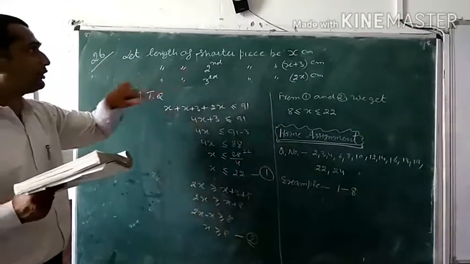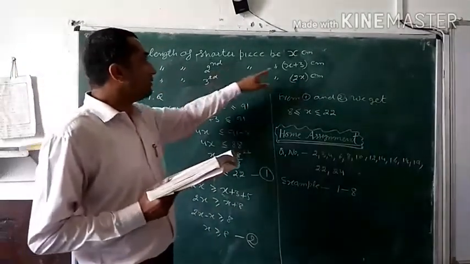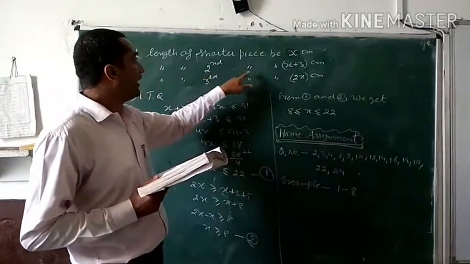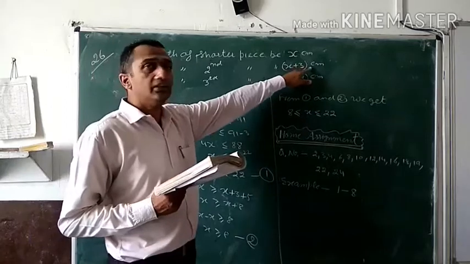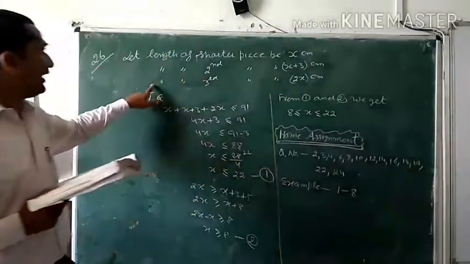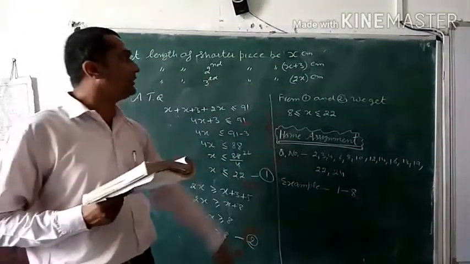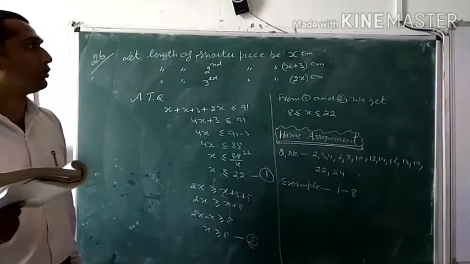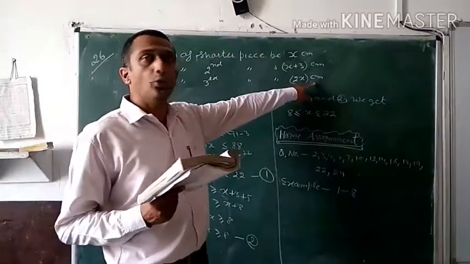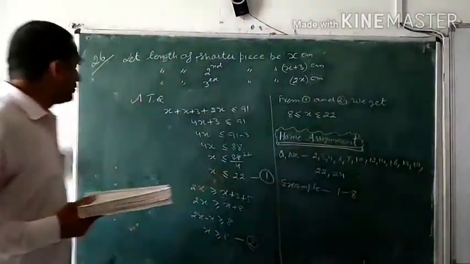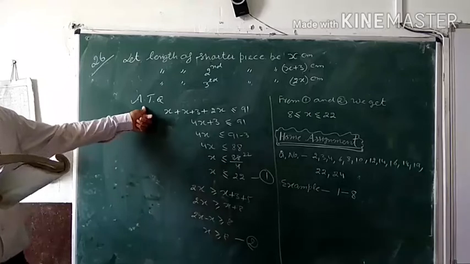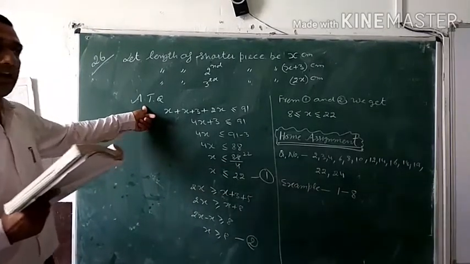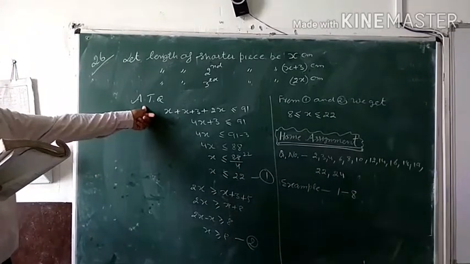The length of the second piece is 3 more than the shorter piece, so the second piece is x plus 3 centimeter, and the length of the third piece is twice the length of the shorter piece, so it will be 2x centimeter. According to the question, the total length of the board is 91 centimeter.